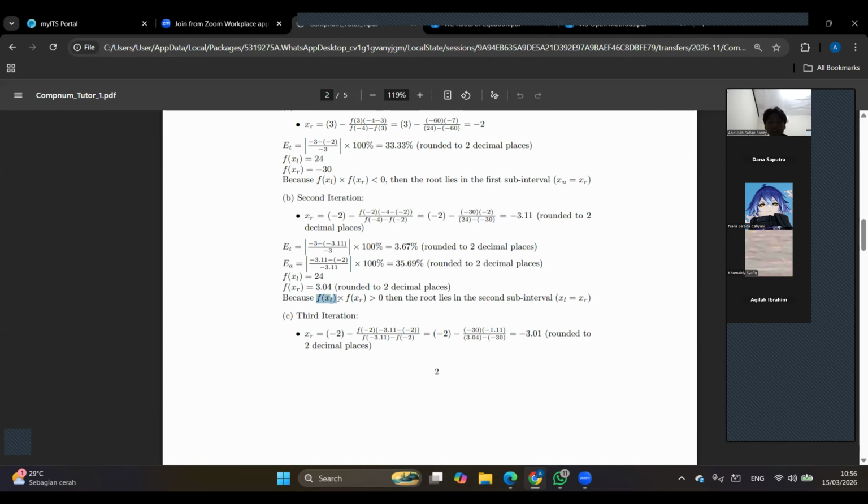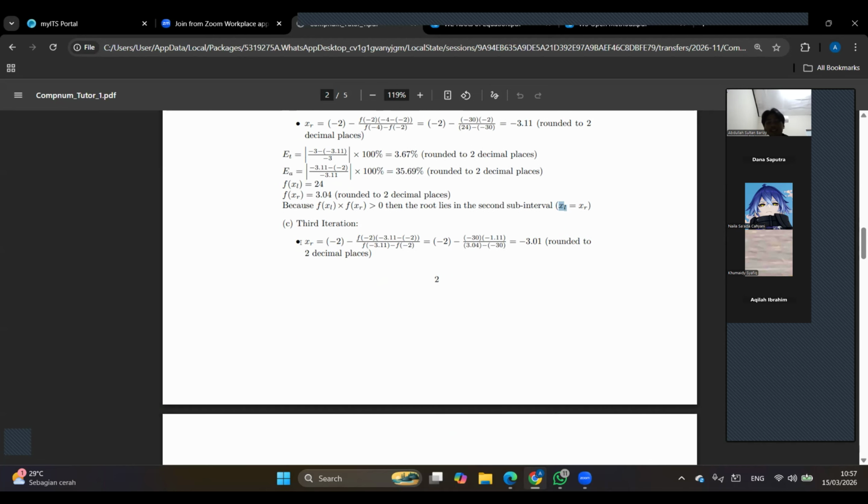Because FXL times FXR is greater than 0 this time, we can conclude that the root lies in the second subinterval, or the right side. Because of this, we transfer the current XR into the new XL. So this minus 3.11 becomes the new XL.